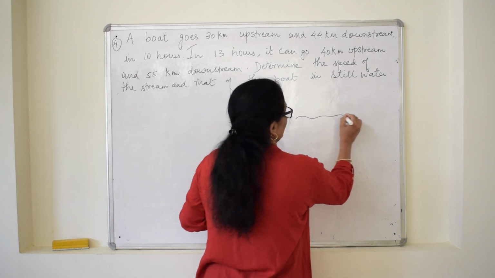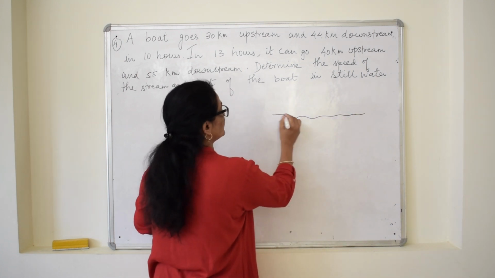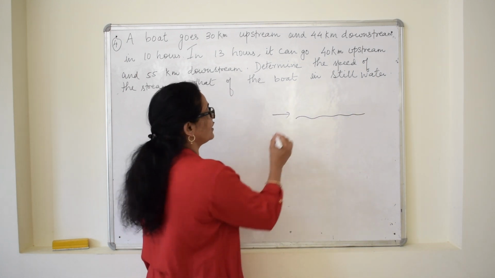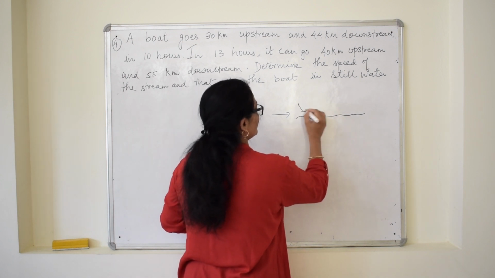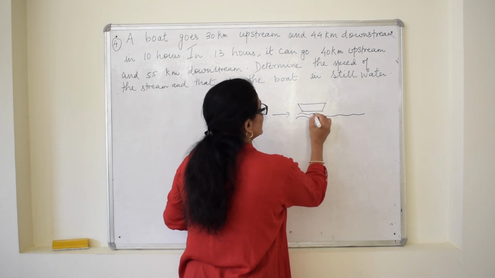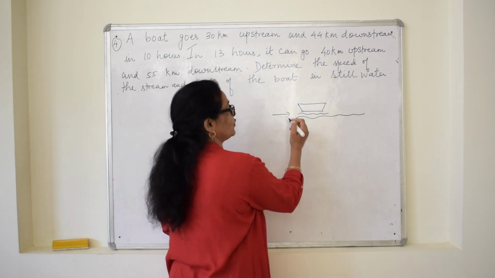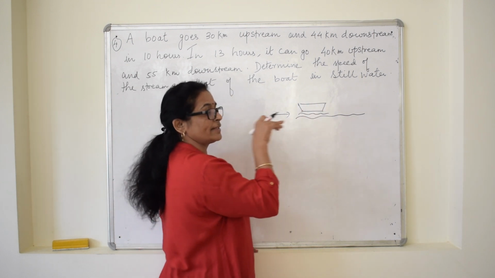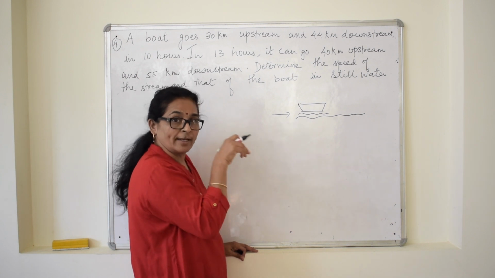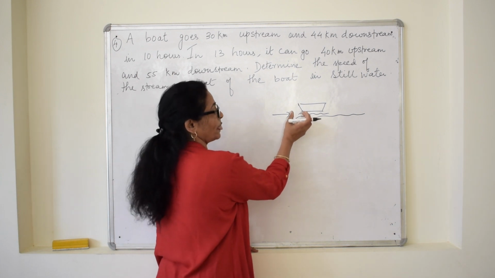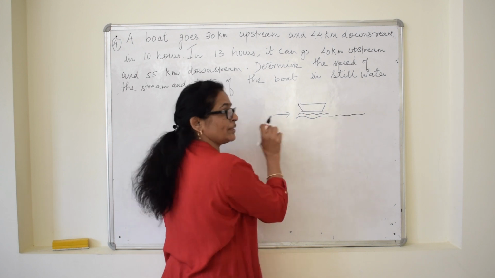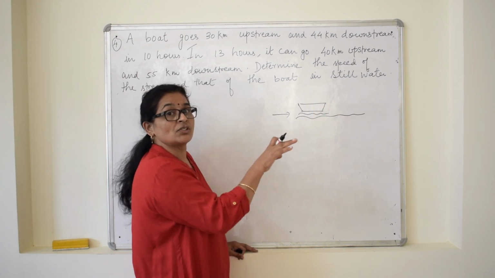If we see the stream, it is going with some speed, and a boat is going in the same direction. You must have noticed that when we swim in the same direction as the stream, the water helps us. Similarly, when this boat goes in the same direction, that is called downstream.